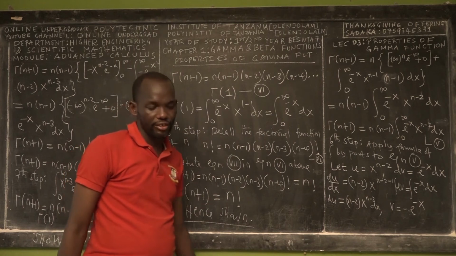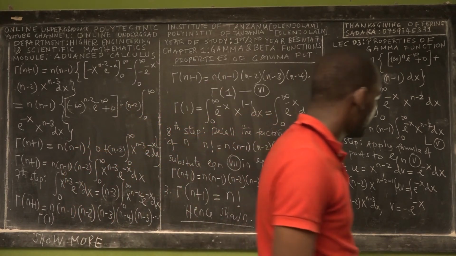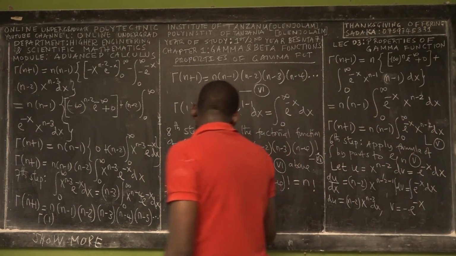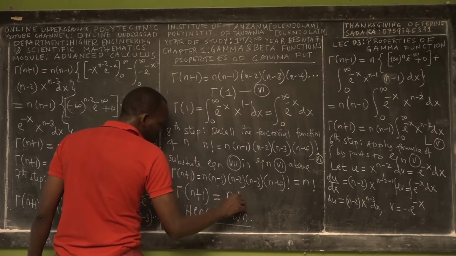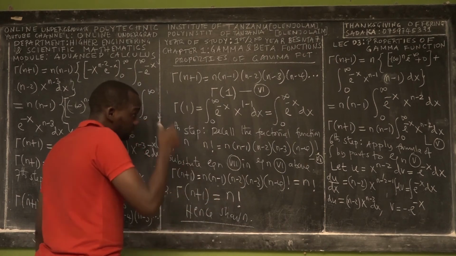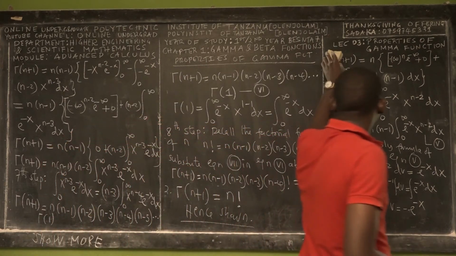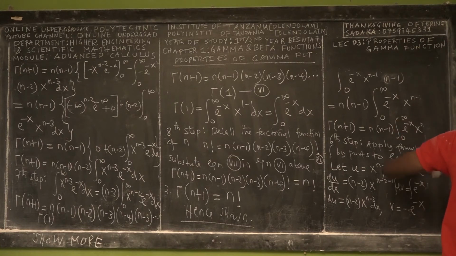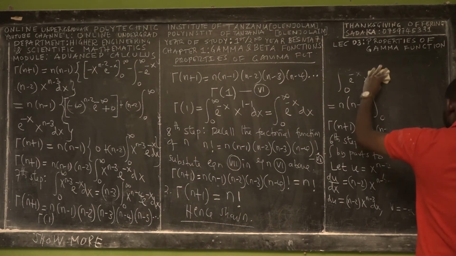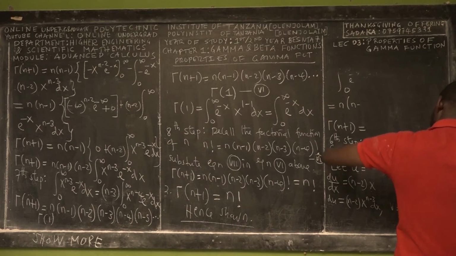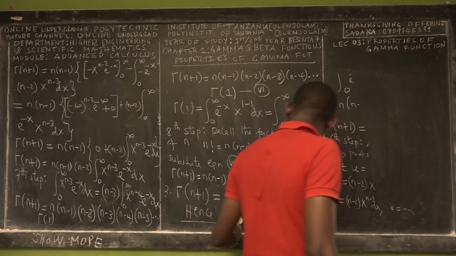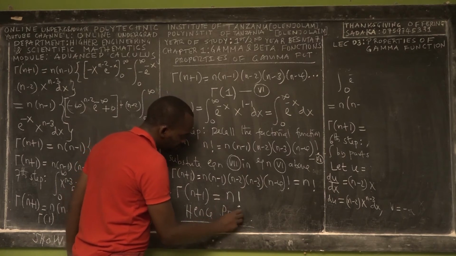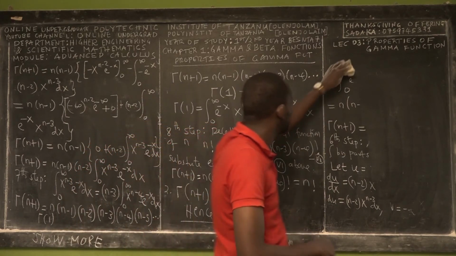So we have already shown that gamma of n plus 1 is equal to n factorial. You have to remember these properties, and then let me leave you a challenge. The question was to prove, hence proved.